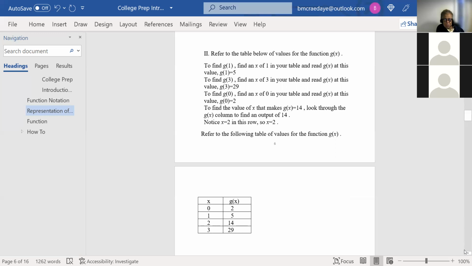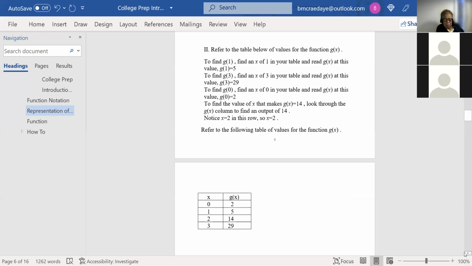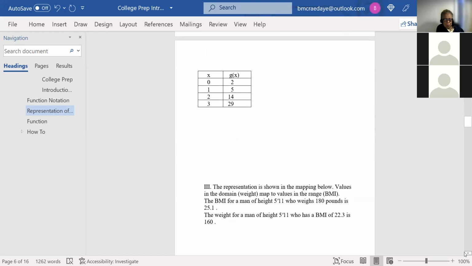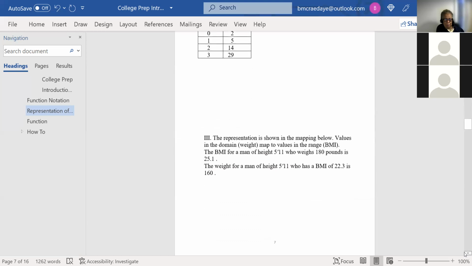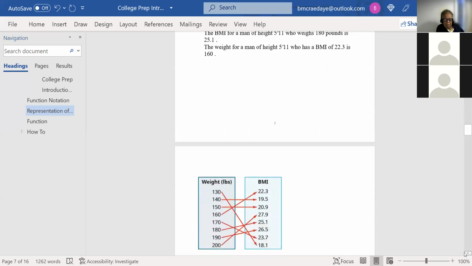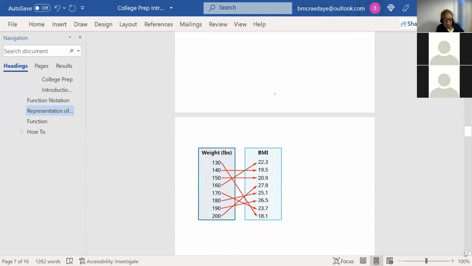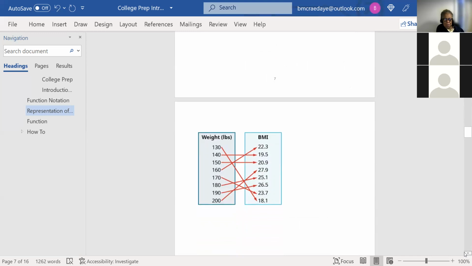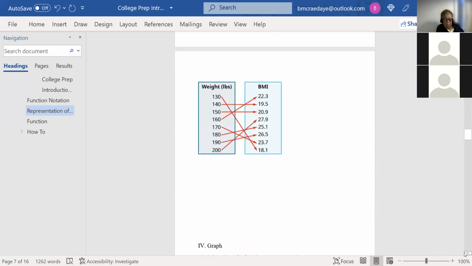So that's just more examples of the table. And we went through the body mass index where you gave me some values for the BMI for a given weight, or you gave me the weight for a given BMI.